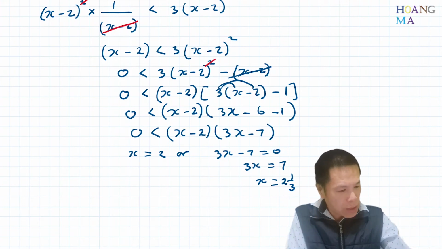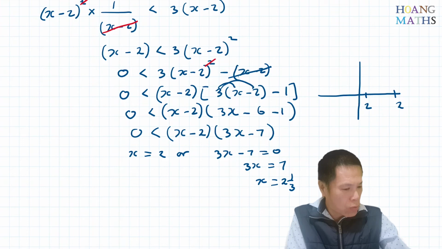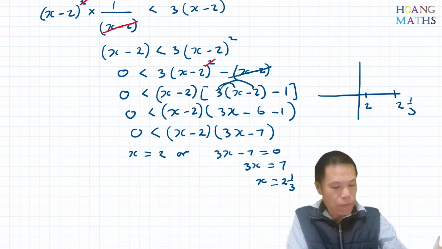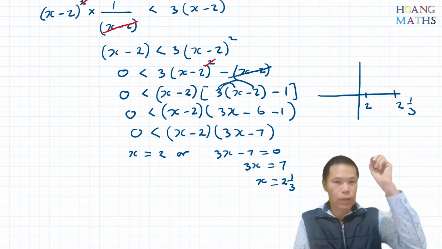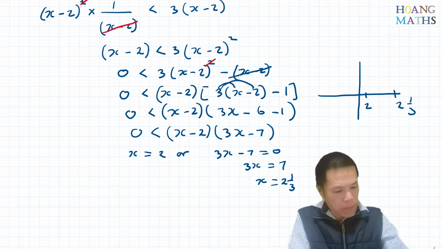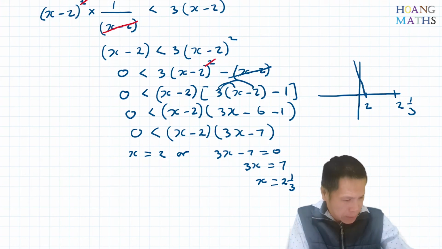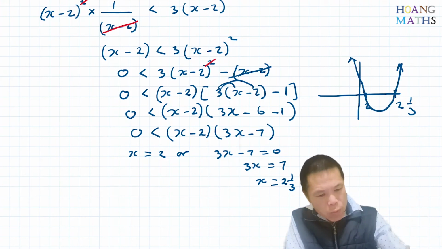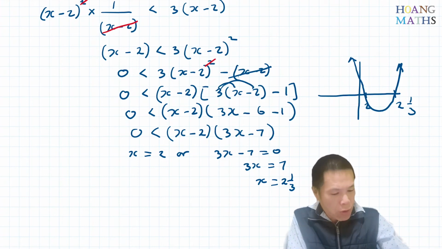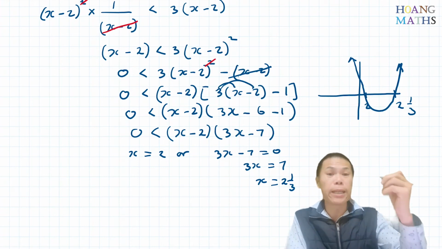So let me just sketch on here. So 2 is here and 2 1/3. And the graph is x squared, so the graph will just go like this, okay? Remember that for me. So like this. And we want to be below 0, and we want greater than 0.